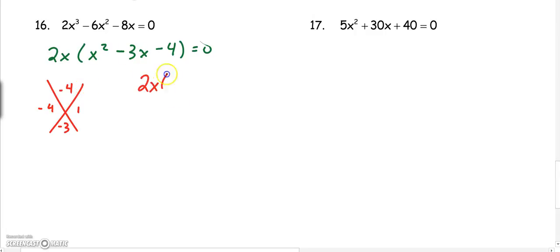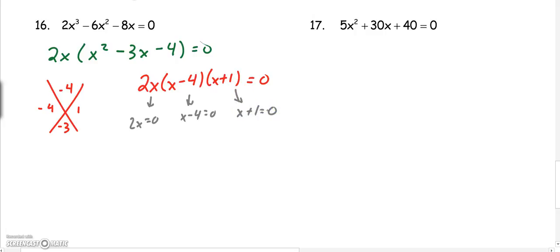So I have 2x times x minus 4 times x plus 1 equals 0. Use the zero product property, so each of these gets set equal to 0. And I solve for x. So I would divide by 2, x equals 0. Add 4, so x is 4. Subtract 1, so x is negative 1.